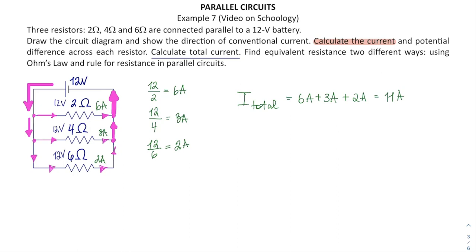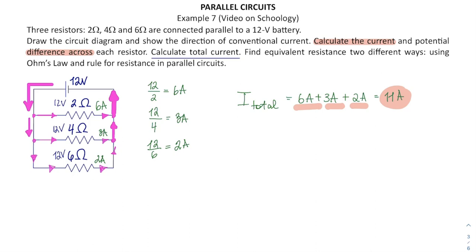We didn't really calculate potential difference across. So, we calculated the current. We knew that potential difference across each resistor was 12 because they're connected in parallel. We calculated total current by adding individual currents and got our 11 total.